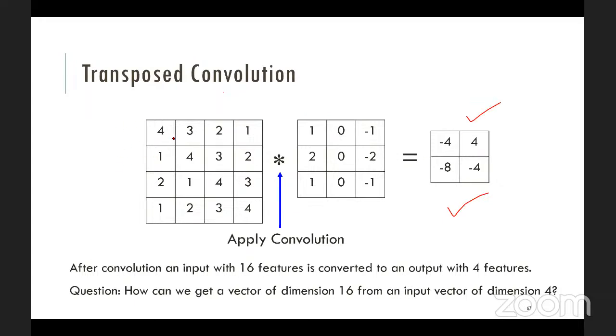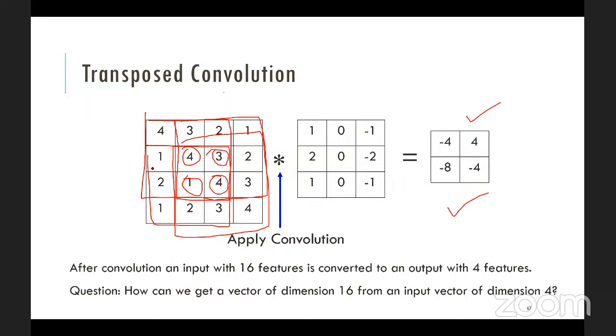I hope this is clear, because when you place your filter here, and here, so one placing, second placing, then the third placing and the fourth placing, only then is your filter entirely within the picture, and that is how you get 4 outputs. When these 4 pixels serve as the center pixel, you get these 4 values. You can see here 4 multiplied by 1, 3 multiplied by 0, 2 multiplied by -1. So 4 minus 2.